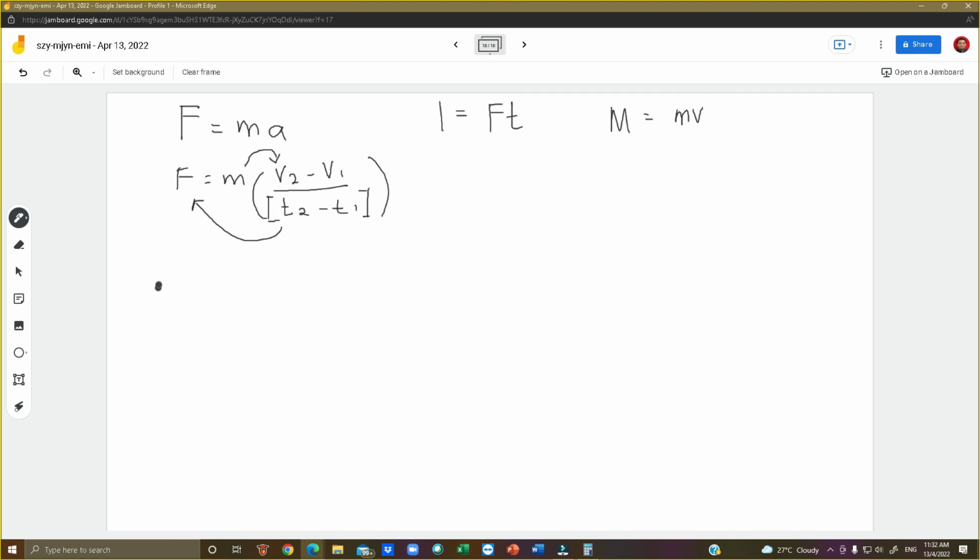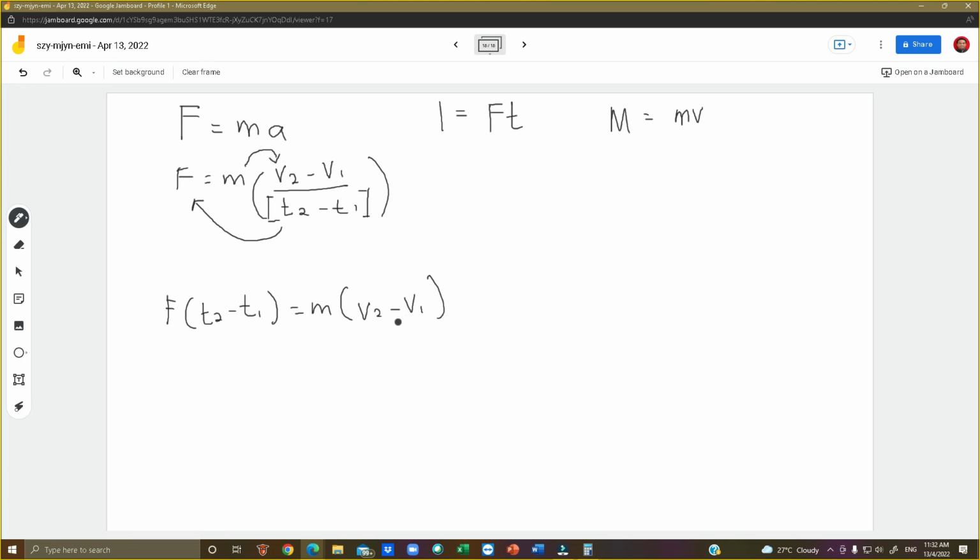So you're going to get F times (t2 minus t1) equals to, ni kita darab masuk ataupun kita biar je bentuk asal dia, m times (v2 minus v1). You're going to get something like this.